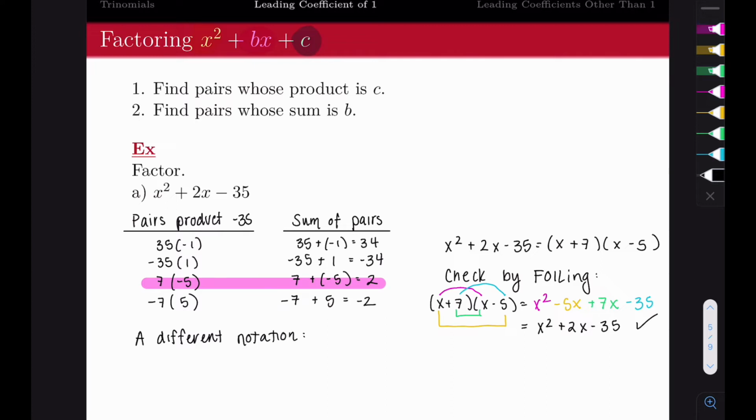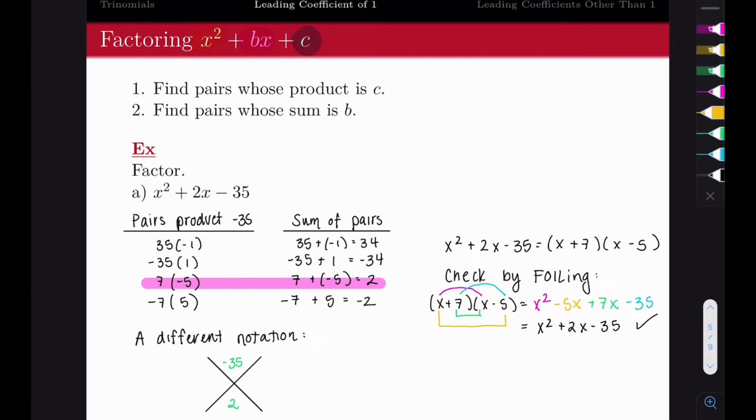You may have seen this at some point before, but it's called, I think, the cross method, if you want to look it up. So what we do is we put our two important numbers. We put the negative 35 and the 2. And so what you're trying to do is you want to figure out two numbers.